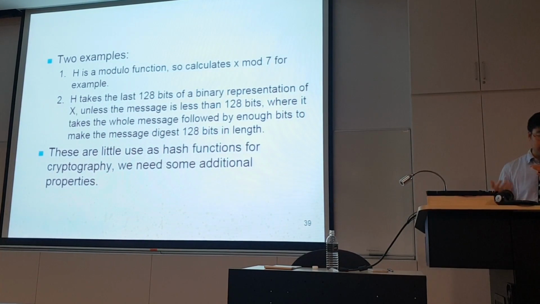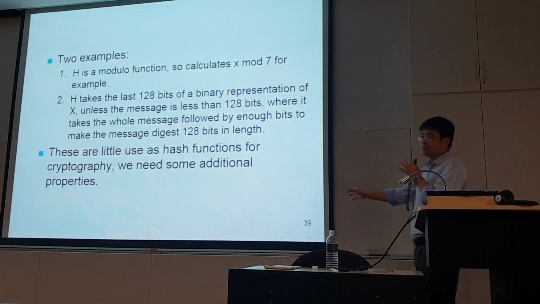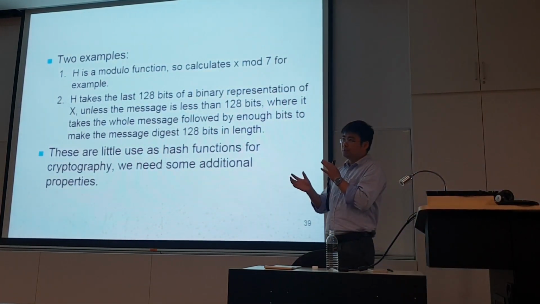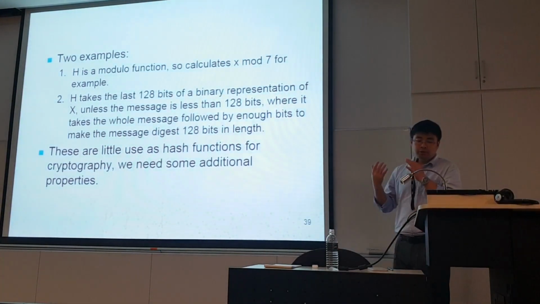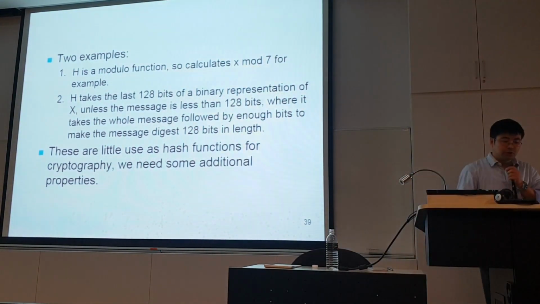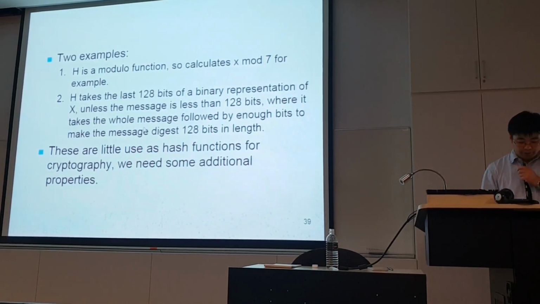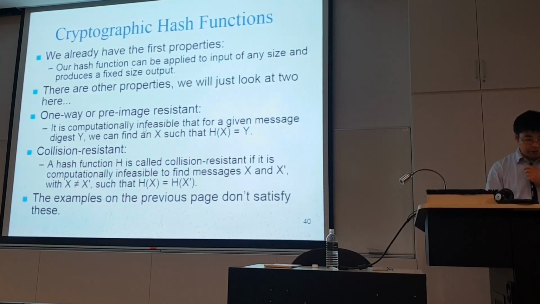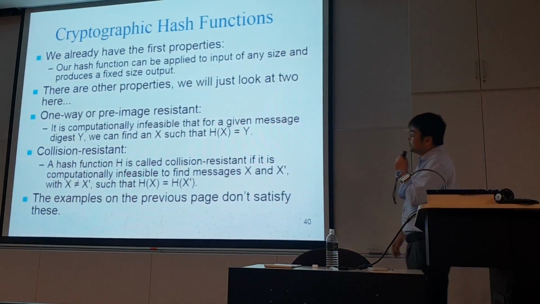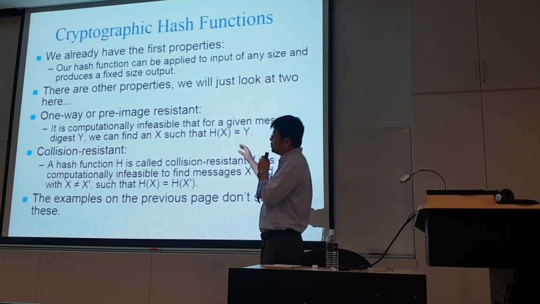So in this case, we can still produce fixed size output for arbitrary size input, and efficiency is still high, but these hash functions are not good for security purposes because they don't satisfy the so-called one-wayness and the collision resistance.